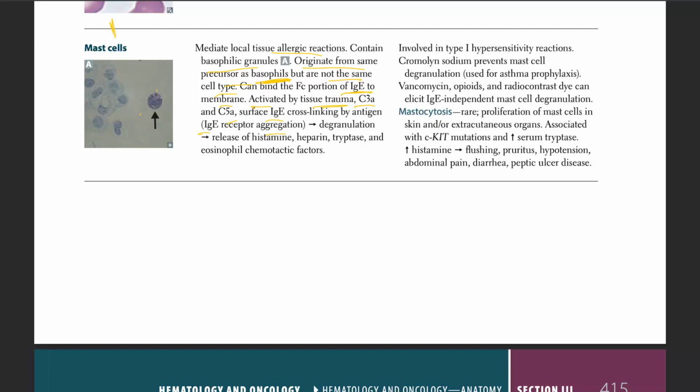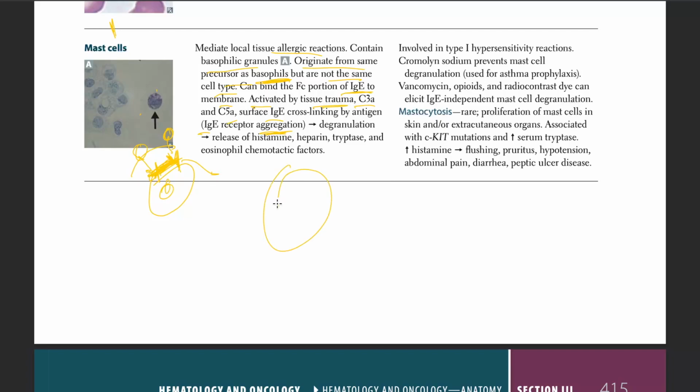So let's say you have some antigen, and the IgE binds to it. But there has to be two IgEs. My bad. You have a cell which has the IgE, and the antigen binds to those IgEs. These have to dimerize, they have to aggregate, attach with each other, in order for the activation of this mast cell.